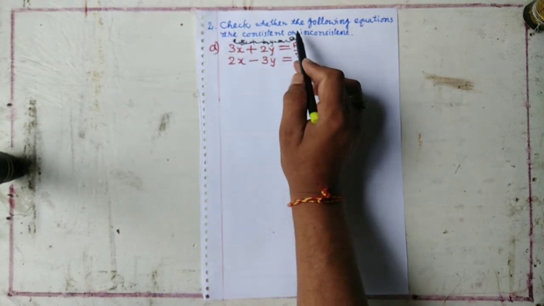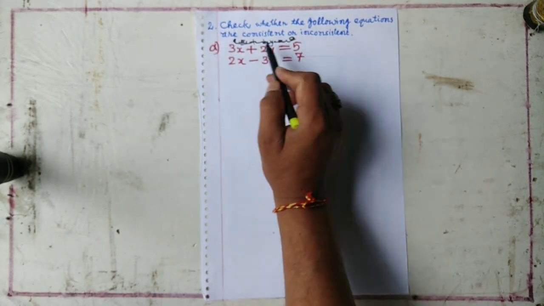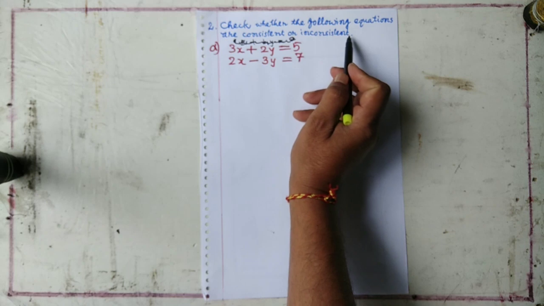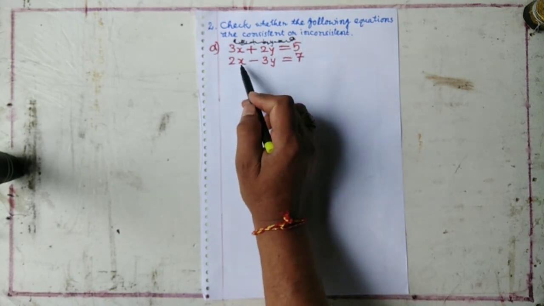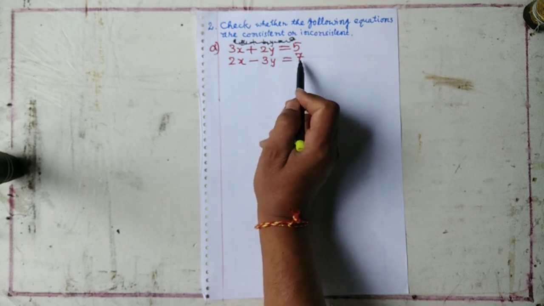Second bit, check whether the following equations are consistent or inconsistent. A. 3x plus 2y is equal to 5 and 2x minus 3y is equal to 7.